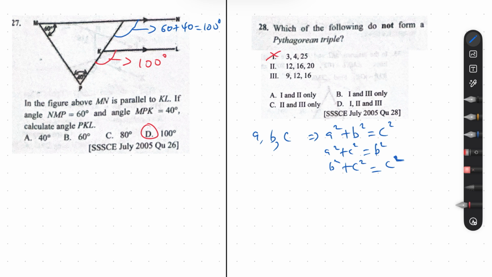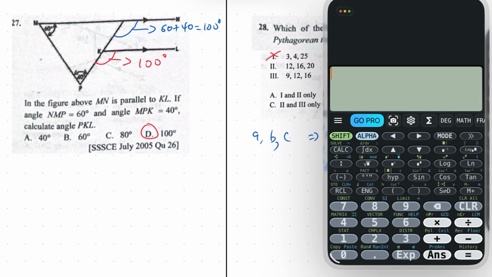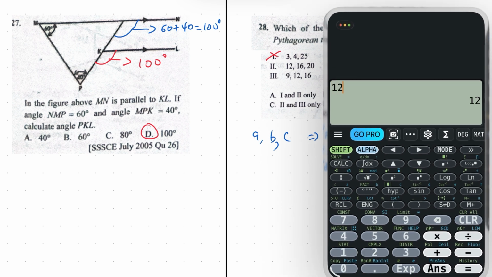And then we do the same thing for the second one, 12, 16, and 20. Let's confirm if it is a Pythagorean triple. Let's use our calculator. 12 squared plus 16 squared is 400. And the square root of 400 is 20.